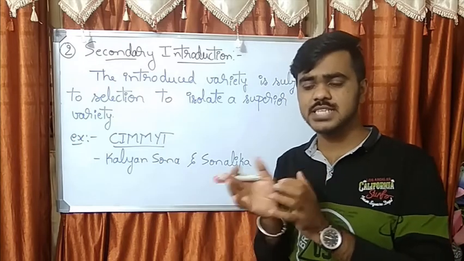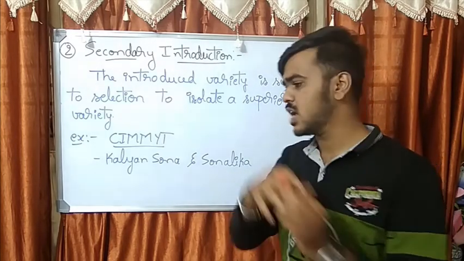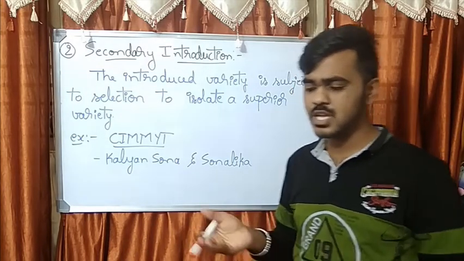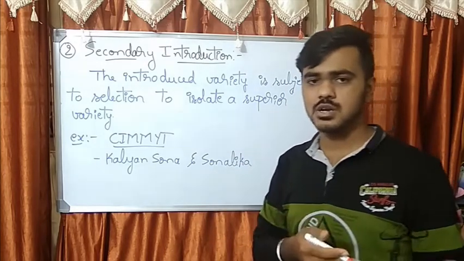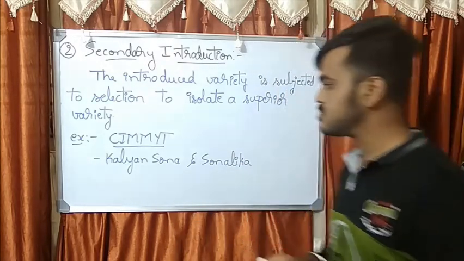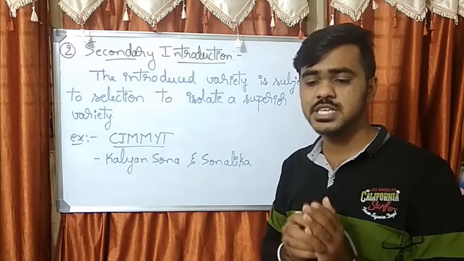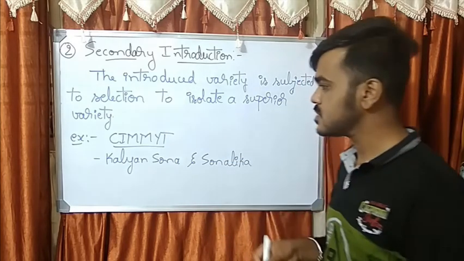They use it as a donor, select a particular character, and adopt it into the cultivar which is already practiced here, and that's a different mechanism. So it is also used as a parent. This is very common in developed countries, where they have a special mechanism for this introduction.